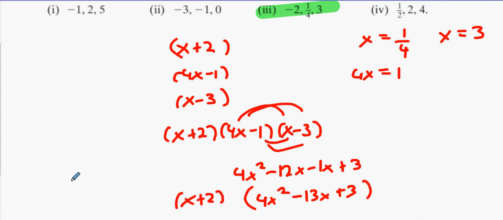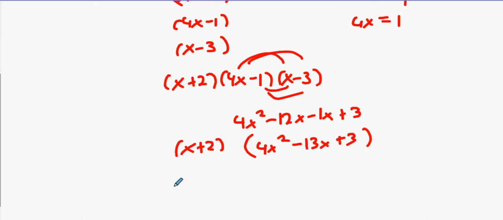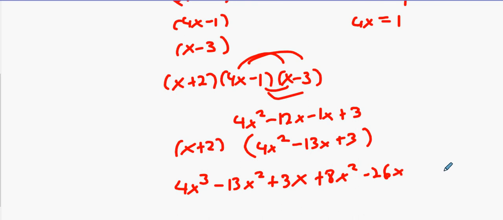Then x plus 2 here. Multiply it out, second 6 parts. Or x cubed minus 13x squared, increase 3x plus 8x squared minus 26x plus 6.